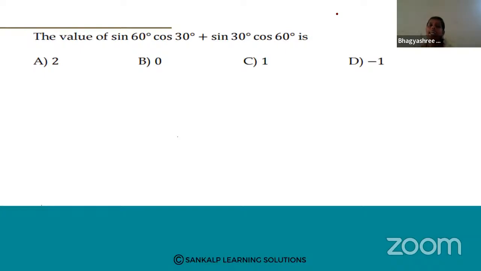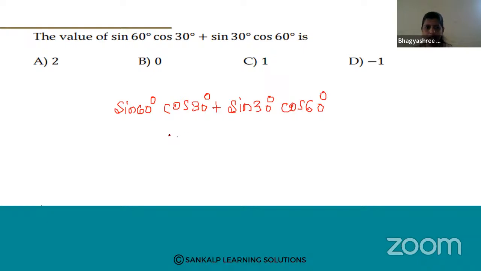Next, value of sine 60 degree into cos 30 degree plus sine 30 degree into cos 60 degree is, yes. So sine 60 degree into cos 30 degree plus sine 30 degree into cos 60 degree. Okay.